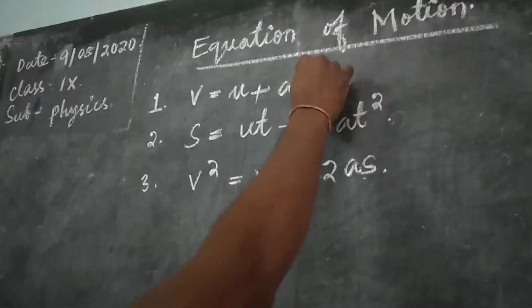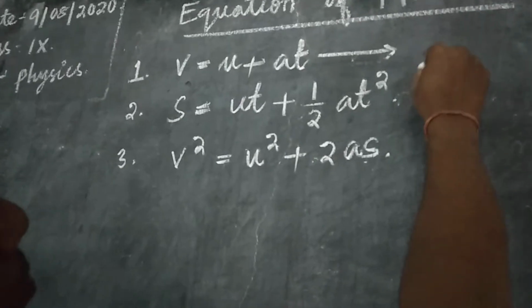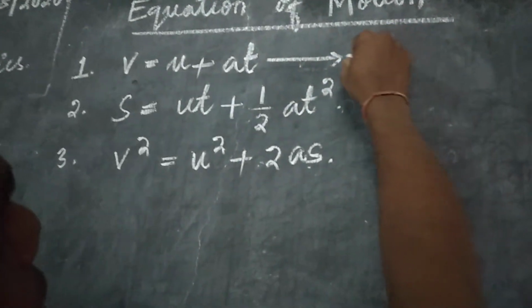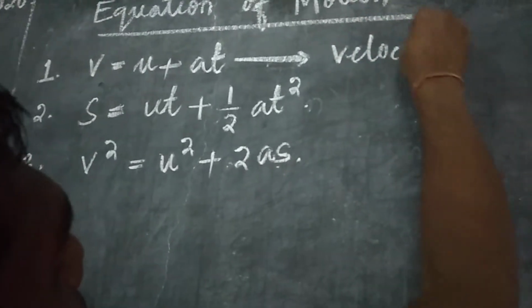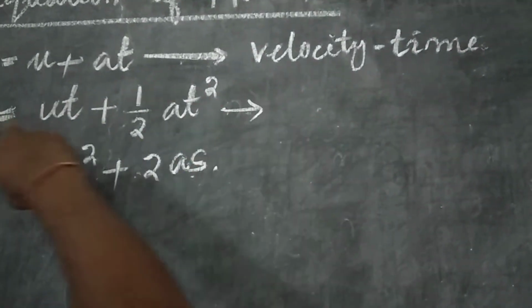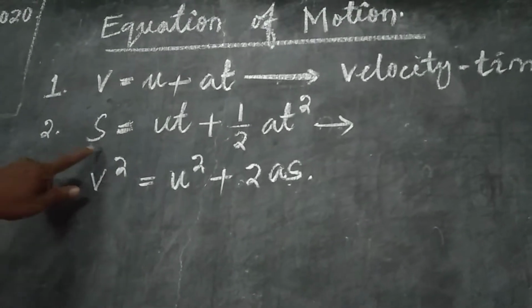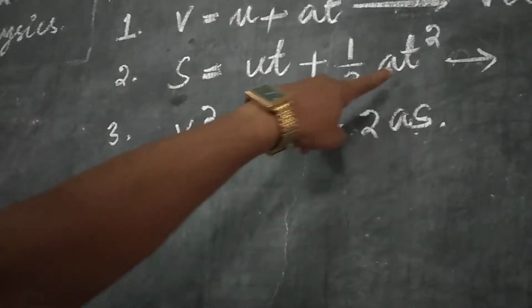So the first is also known as the velocity-time equation. The second is known as the position-time equation, because here we have displacement or position and time.